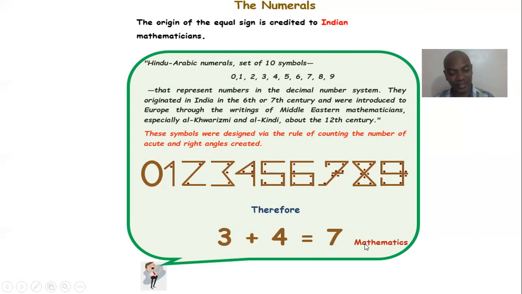But we can clearly remember where this originated from: three in English, trois in French, and so forth. 3 plus 4 is equal to 7. Maths can be viewed as a language, to communicate using symbols when we are doing numerical analysis.